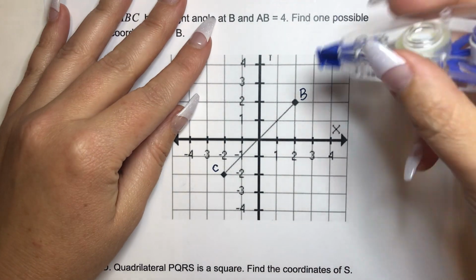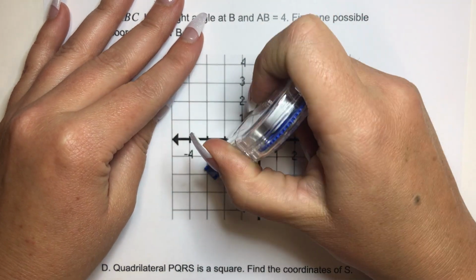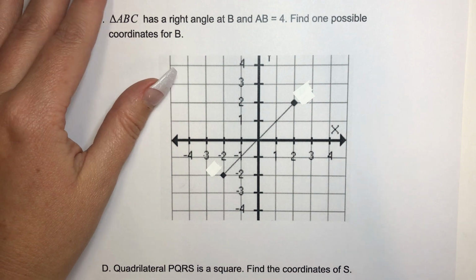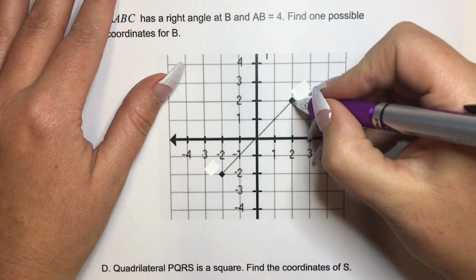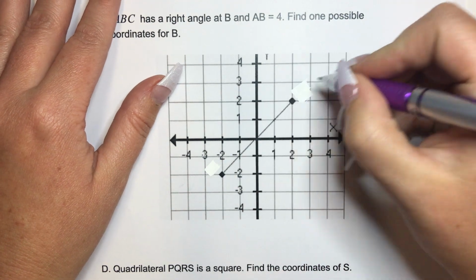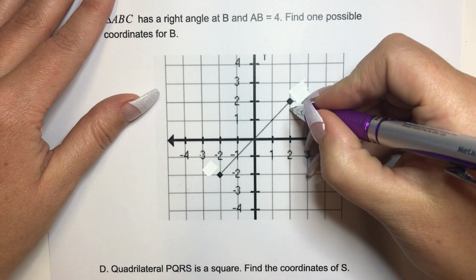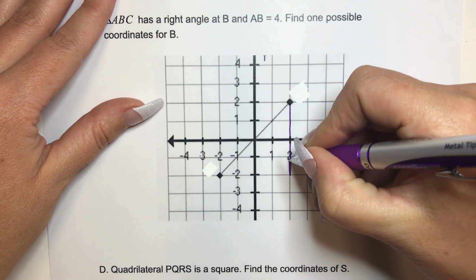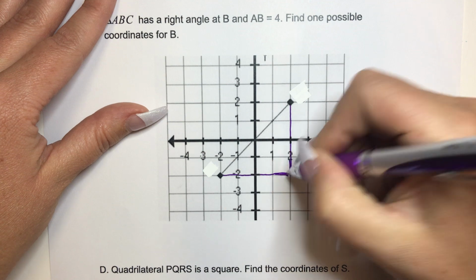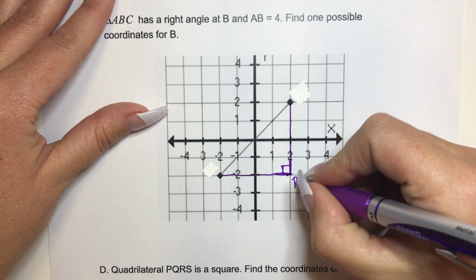No. I'm going to take this away. I'm sorry. Erase that. I can't have a right triangle anyway. In order to get a right angle, I think I need to go here and go here. And then that's how I get my right angle at B.